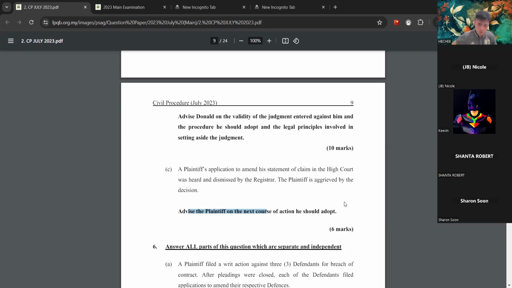So does anyone know which order? Correct, Order 56. That is your answer. So you need to copy Rule 1, Rule 1(2). That's all. Whatever is relevant, just copy it.